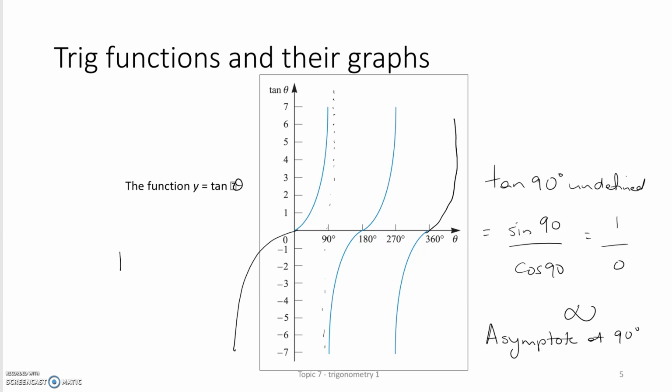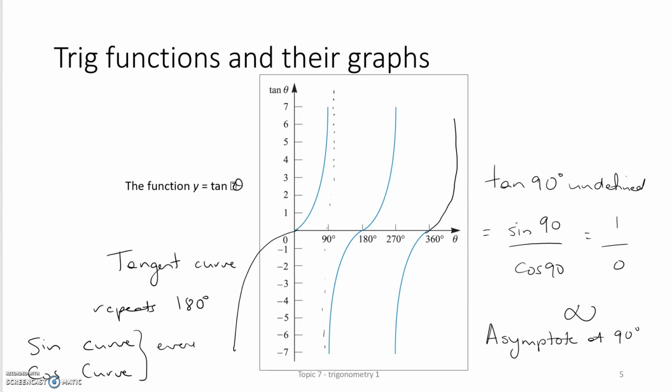But what we've got here is that the tangent curve repeats every 180 degrees. The sine curve and the cos curve, they repeat every 360 degrees.